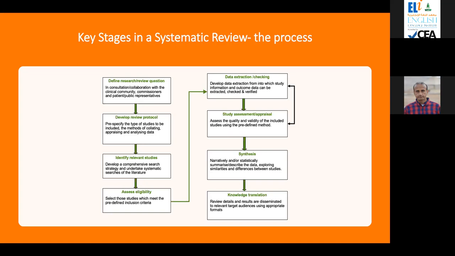So we need to be very considerate about this, because it will also affect the overall quality of the systematic review. If we see the synthesis, synthesis can be narrative or statistical, or summarized, described. We have to decide earlier what synthesis type we are interested in.